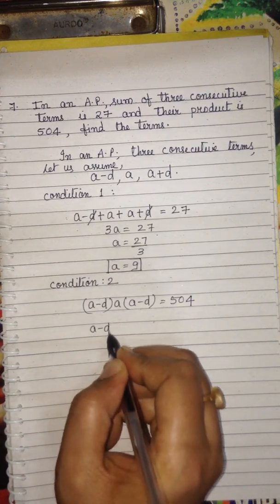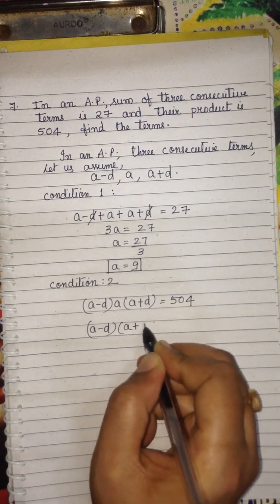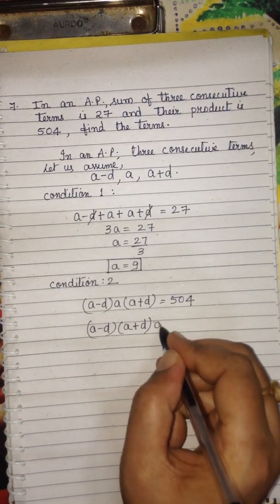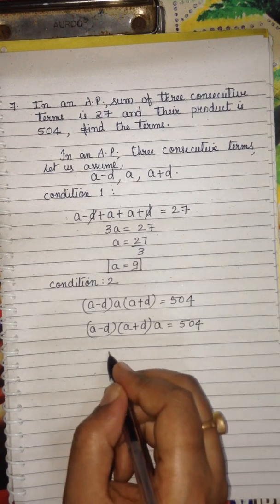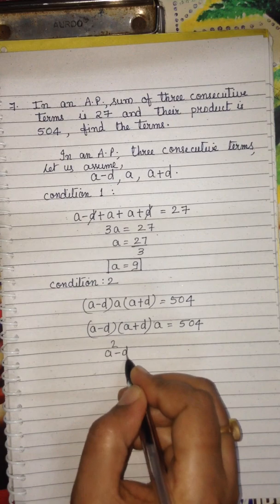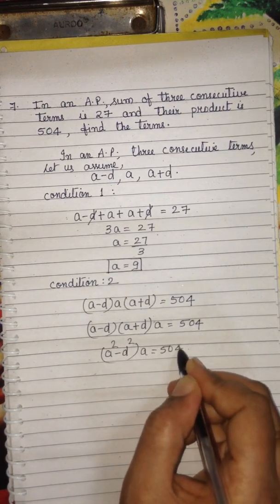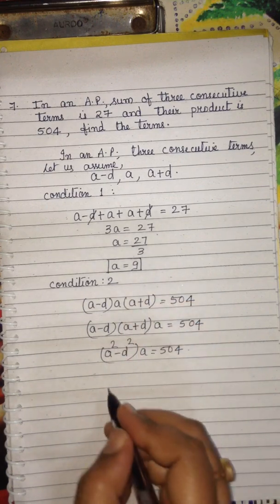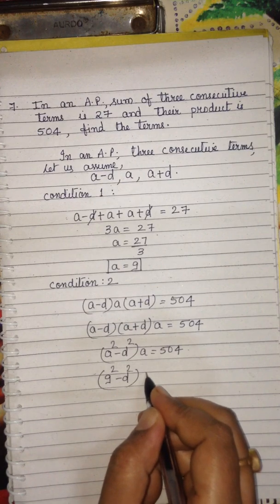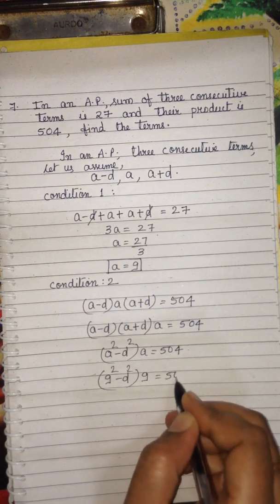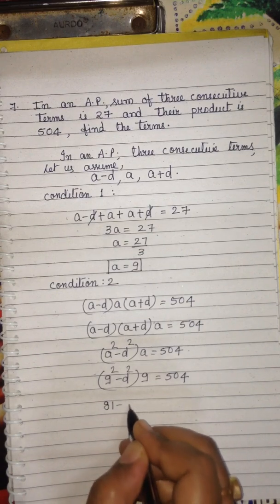Arrange it in a manner where you are going to get your algebraic identity: a minus b into a plus b gives you a square minus b square, and here put the value of a as 9. So 9 into 9 square minus d square. 9 square is 81.